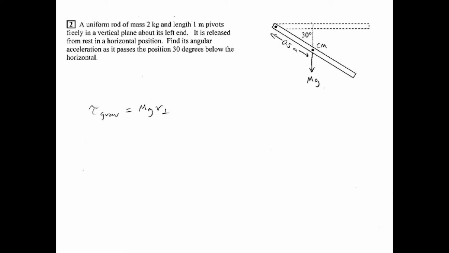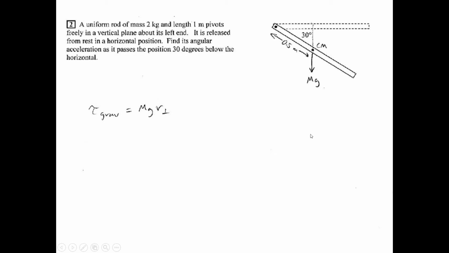So if I want to calculate the torque in this case, we could talk about the signs of it, but if I take the clockwise direction to be positive, this would be generating positive torque. To calculate that torque, one way to do it is just to find the moment arm for that force.